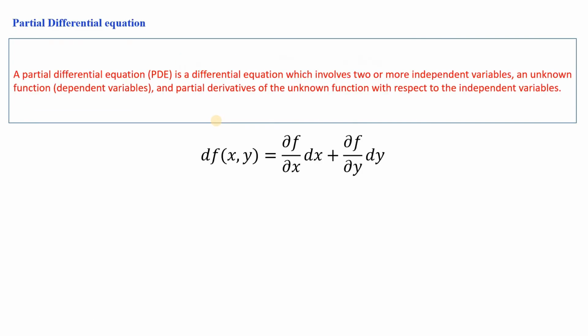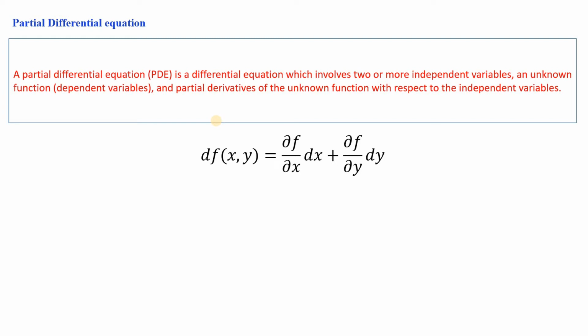differential equations. A partial differential equation is a differential equation which involves two or more independent variables, an unknown function that is the dependent variable, and some partial derivatives of the unknown function with respect to the independent variables.